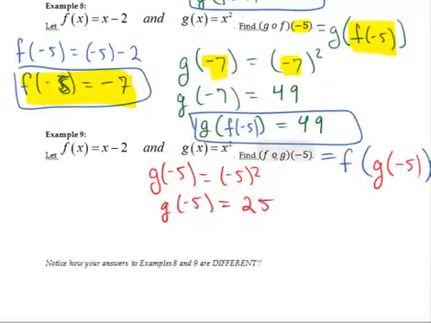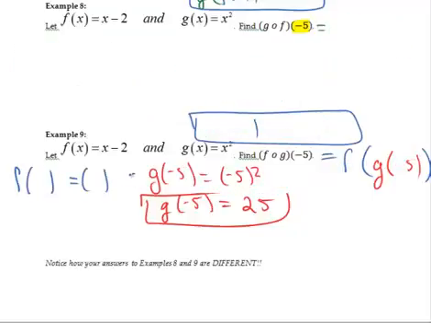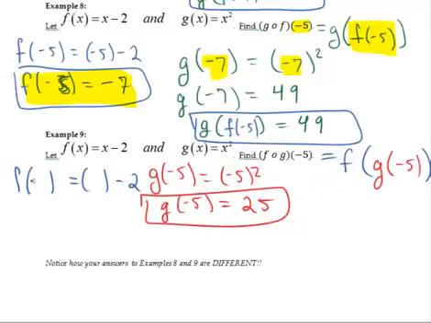Remember, negative times negative. So that answer is going to go into our f function, f of blank minus 2. And it's 25 that's going in. So 25 and 25. And then simplify. f of 25 equals 25 minus 2 is 23.